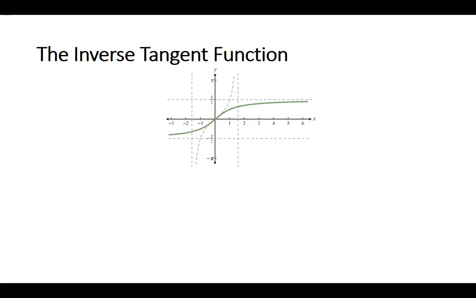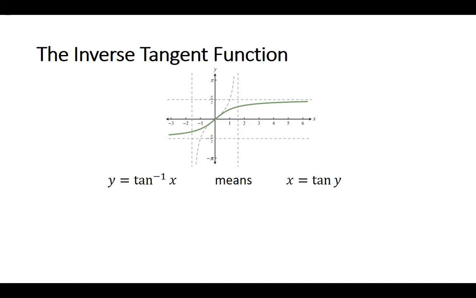Remember that for the tangent function, -pi/2, pi/2, 3pi/2, those are all asymptotes. So we can see the x values of our tangent function running from -pi/2 to +pi/2, and the y values being from -infinity to +infinity. So then when we flip them, we end up with the x values of our inverse tangent function being from -infinity to +infinity, and our y values being from -pi/2 to pi/2.